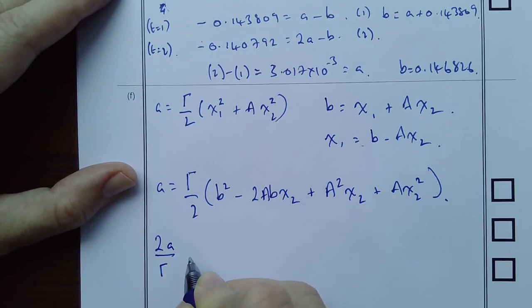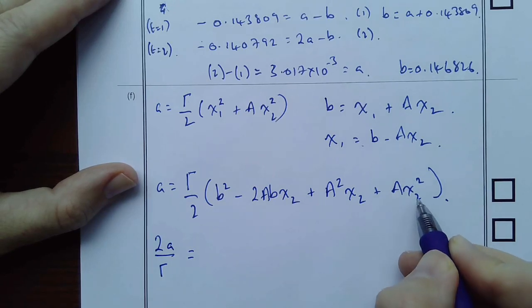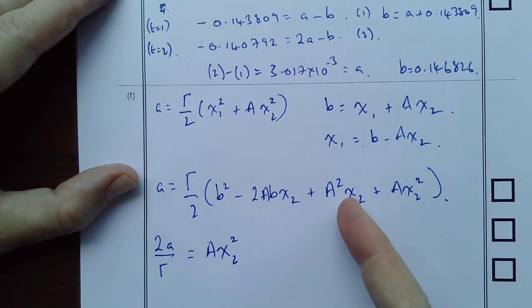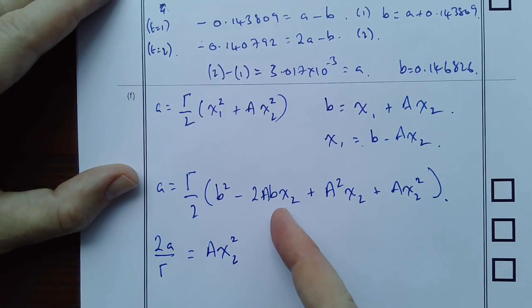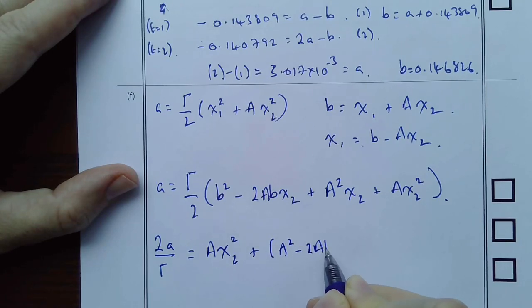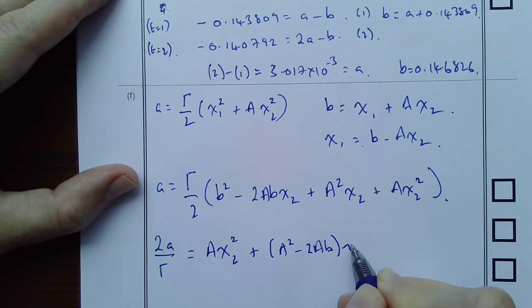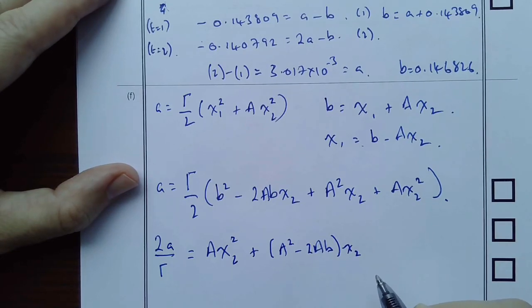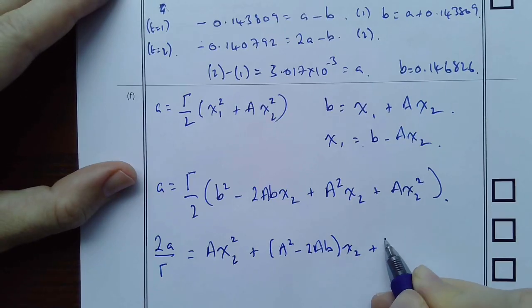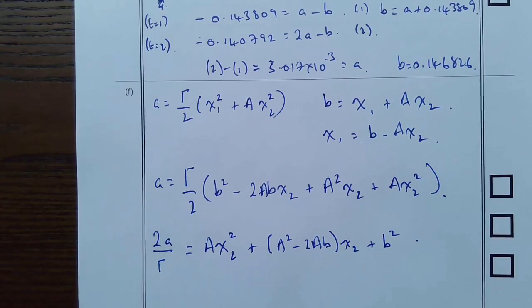So I get 2a over gamma equals, and then I want my x2 squared term, so a x2 squared, and then my linear term, plus a squared minus 2ab x2, plus b squared.